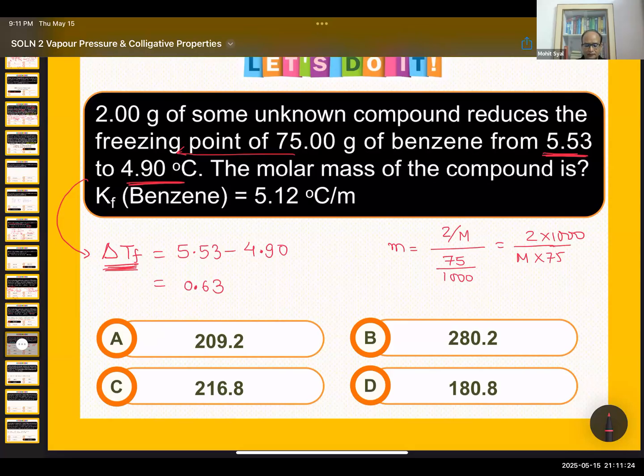It is 0.63, equal to Kf, which is 5.12, into molality. Molality is 2000 over 75 M. Got it? And we can find the molar mass of the unknown solute.